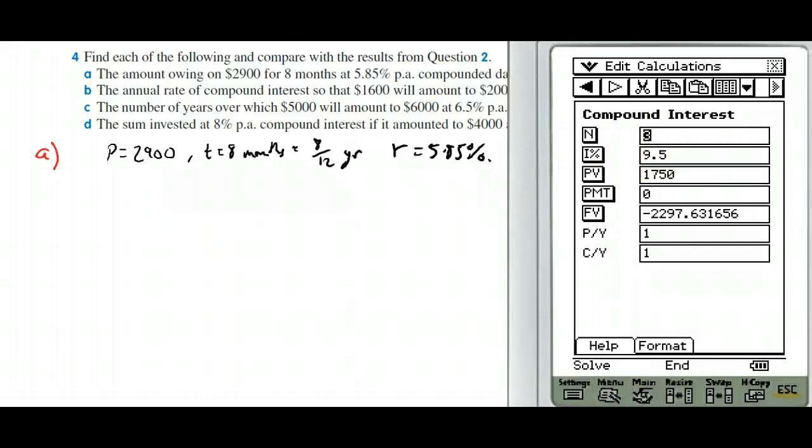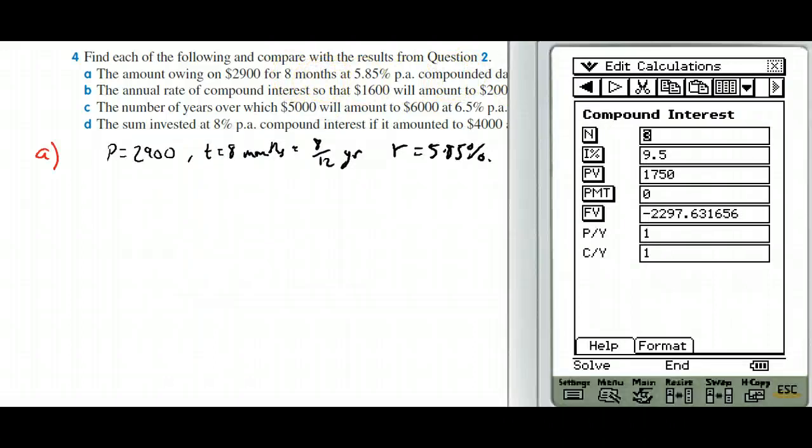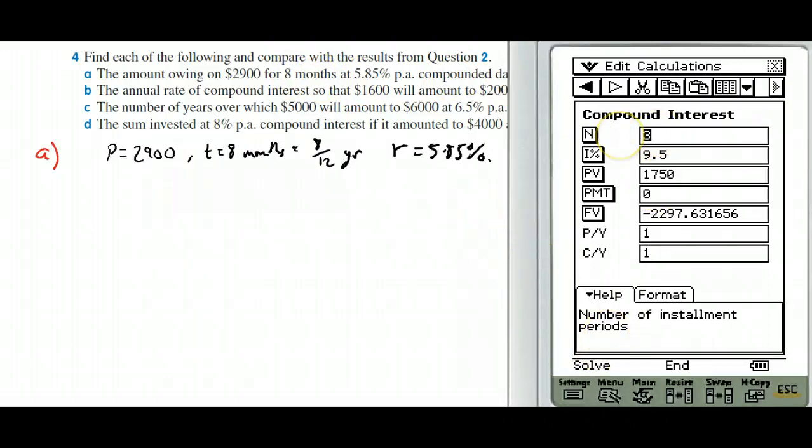Okay, now this is being compounded daily for 8 months. So the number of compounding periods we need to put in here, if we average it out, let's say 30 days a month for 8 months, we're going to get 240 compounding periods.